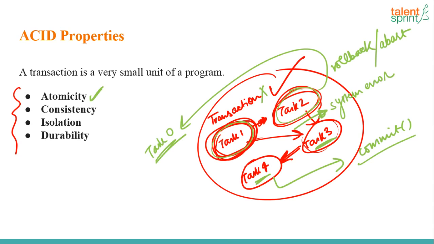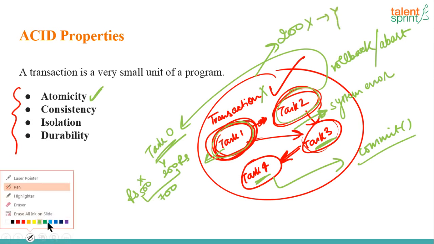Okay. Now consistency. Consistency means, let's say before task 1, you had 500 rupees in X person's account and you had 200 rupees in Y person's account. So the total was 700. Now let's say you do a transaction of transferring 200 rupees from X to Y. Okay, that is your transaction.